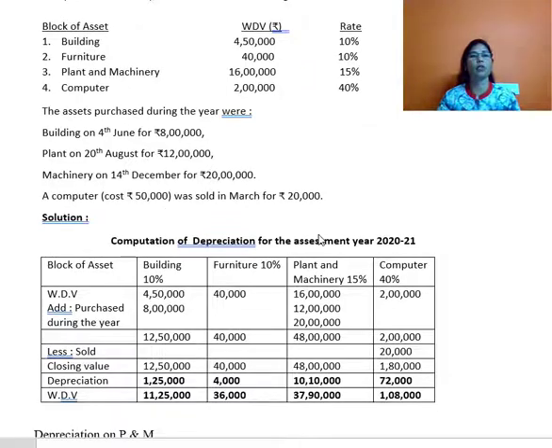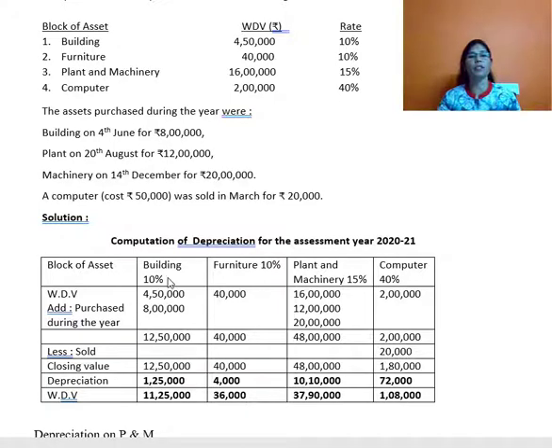Now let us see the solution. Computation of depreciation for the assessment year 2020-21. So in the particulars, let us write block of asset. Then we shall take all the 4 blocks separately: building, furniture, plant and machinery and computer.